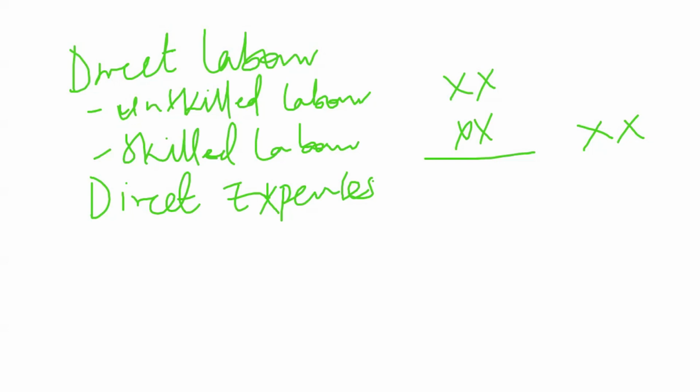And that's a matter of understanding it. You learn these things when we do stocks and other things. But for now, let's just say that direct expense is our third category or third line item for prime costs.